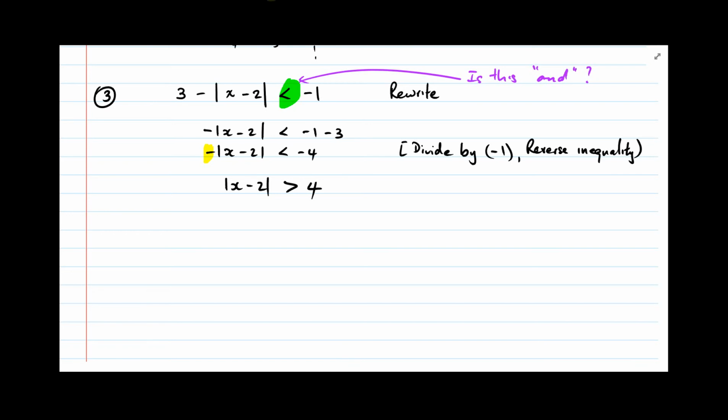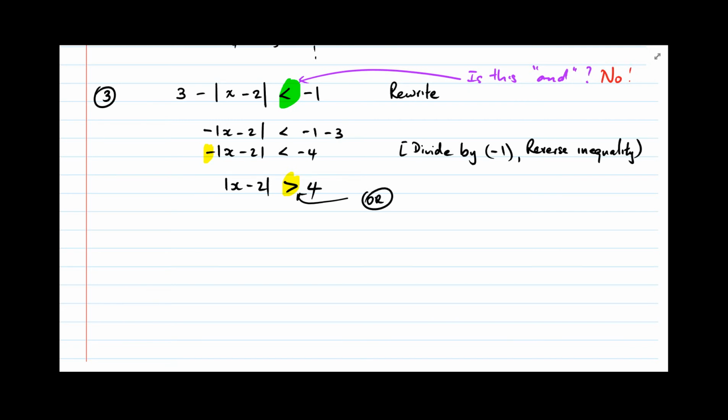As we see here, the answer was no, it's not, because from this simplified version we now see that this is a greater than, so it's really an or problem. So we can proceed either by the graphical method or by taking each individual part.